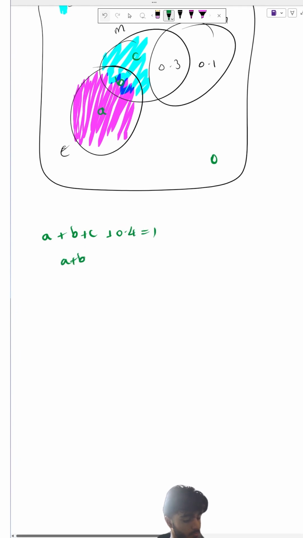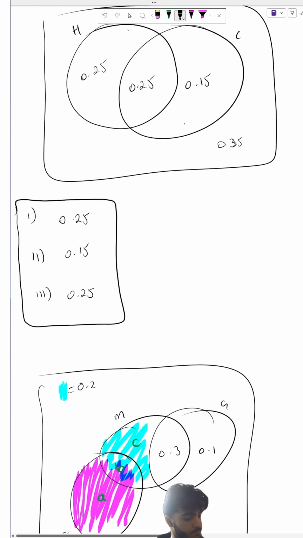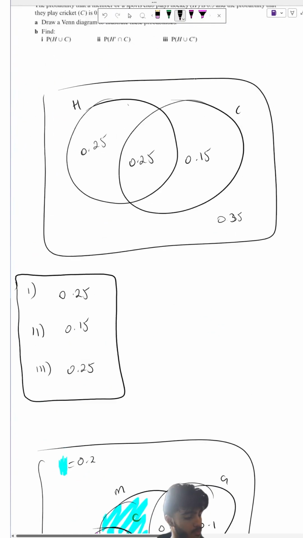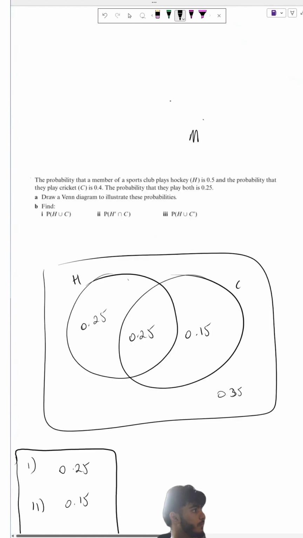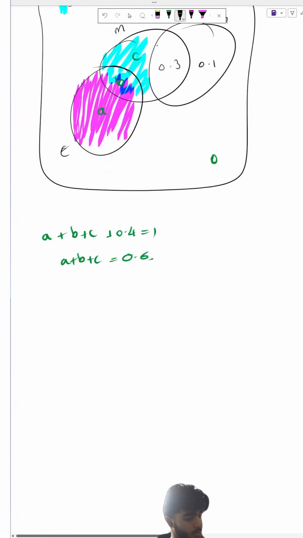A plus B plus C is equal to 0.6. Okay, now I'm going to do my other stuff. I know the probability of M is equal to 0.5. So B plus C plus 0.3 is equal to 0.5. B plus C is equal to 0.2. Okay, I can put this B plus C into here. That means A plus 0.2 is equal to 0.6.